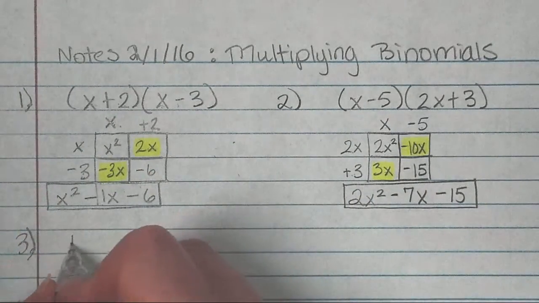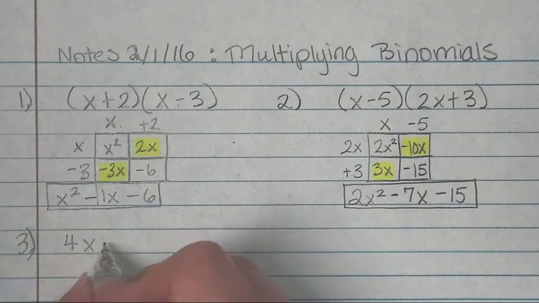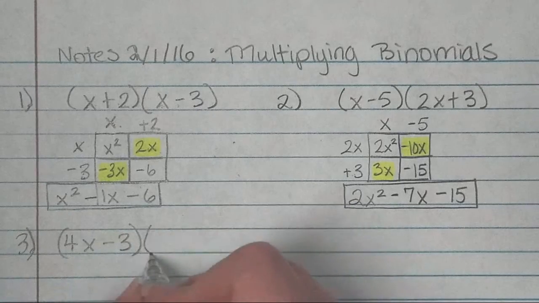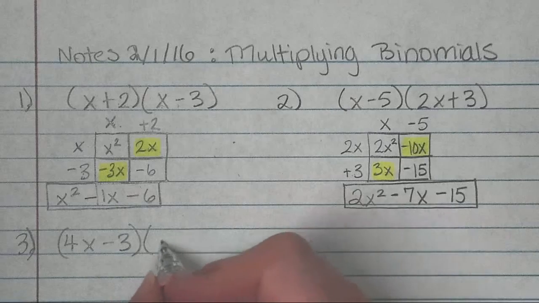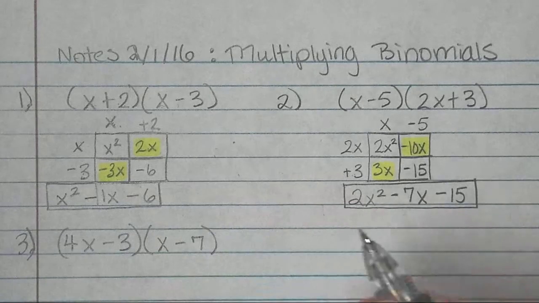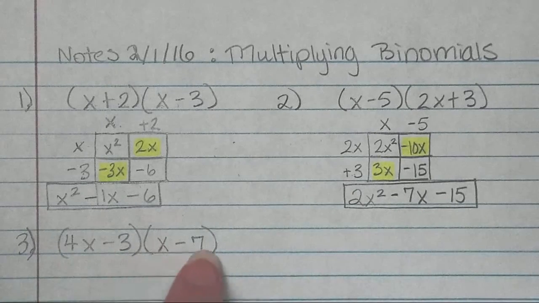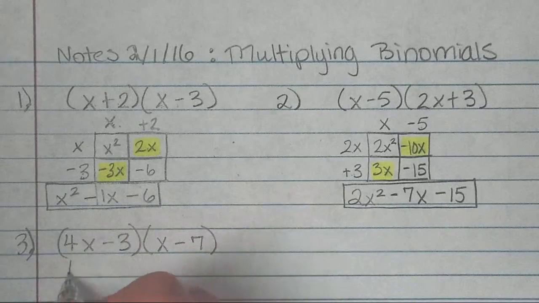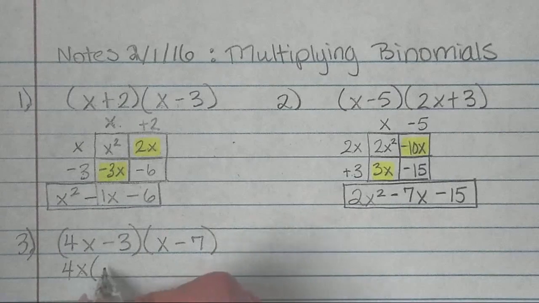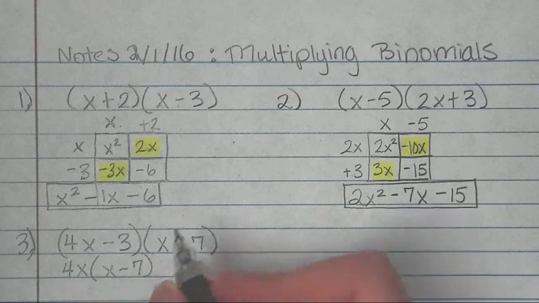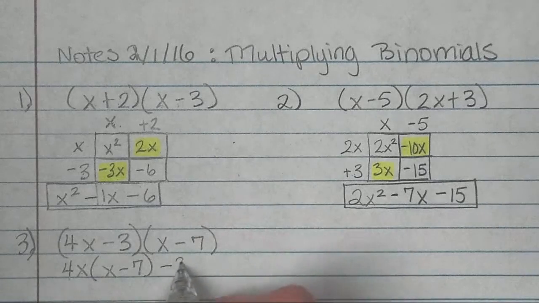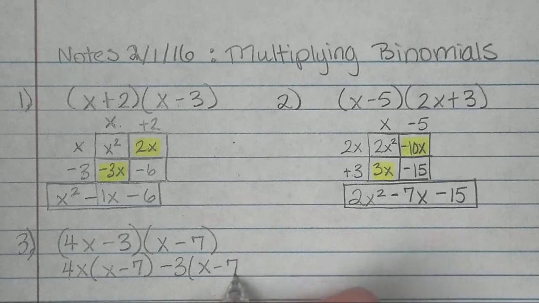Number 3, 4x minus 3 times x minus 7. So I have to distribute the 4x to this whole binomial. I'm going to write it like this, 4x times x minus 7. And then I have my minus 3 times x minus 7.